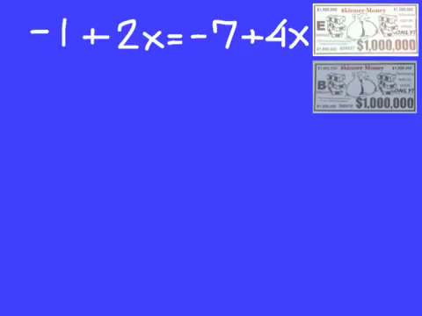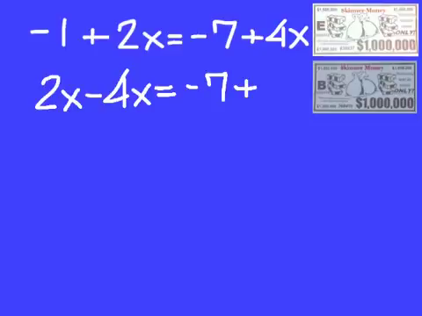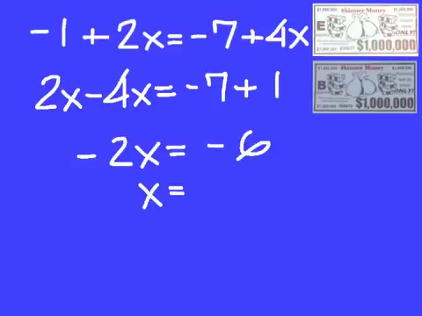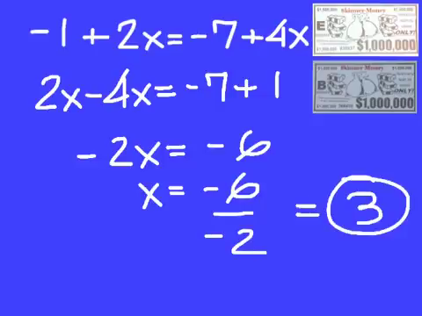Practice problem number 2. Negative 1 plus 2x equals negative 7 plus 4x. You should have 2x minus 4x equals negative 7 plus 1. That's a negative 2x equals negative 6. Divide by negative 2 to get a positive 3.